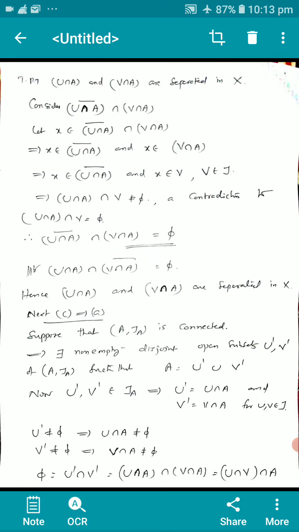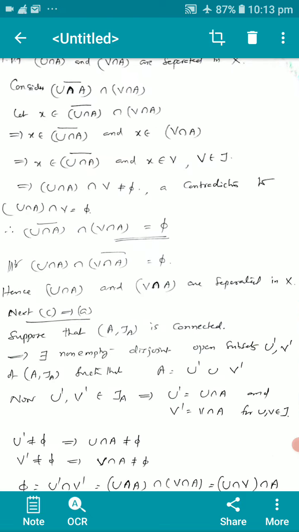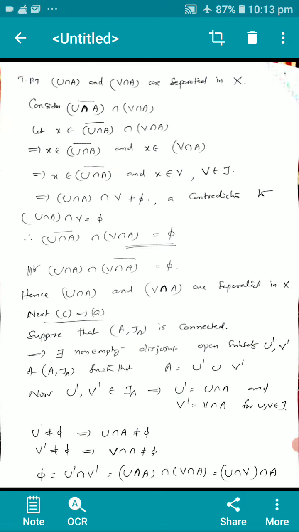We have to prove that U intersection A and V intersection A are separated in X. So consider closure of (U intersection A) intersection (V intersection A). Taking an element x in it, what does it mean? x is an element of the closure of U intersection A and x is an element of V intersection A. This implies x is in the closure of U intersection A and x is in V, with V in tau.